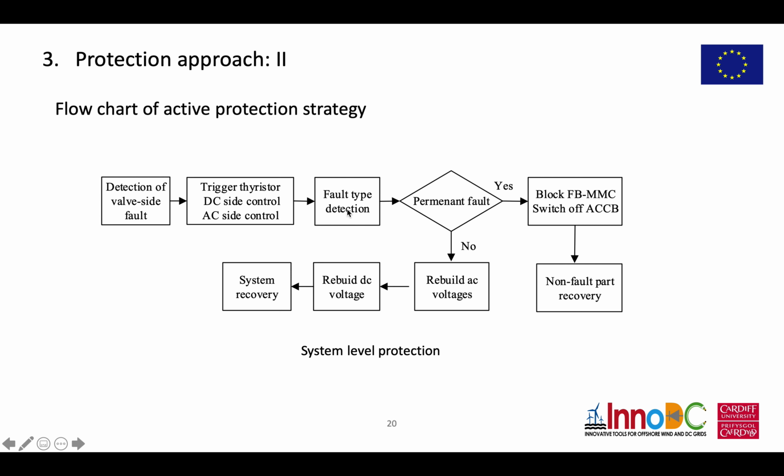In this way, we have the opportunity to inject a zero sequence current component to detect whether the fault has been cleared or not. If it is a permanent fault, we will block the MMC converter and switch off the ACCBs. And if it is a non-permanent fault, we will rebuild the DC and AC side voltage and make the system recover.